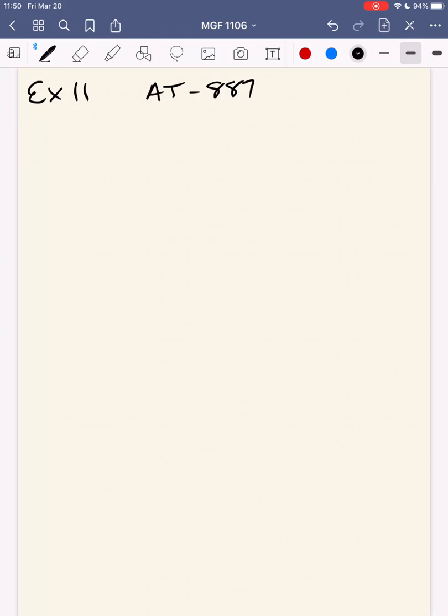So here we can have 2 letters and 3 numbers. We have to look at how many different letters there are for the first one. I have 26 choices for that first letter. There's nothing saying that they can't have the same letter. So for the second letter, I also still have 26 choices. 26 letters in the alphabet.